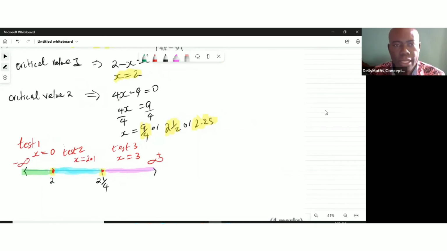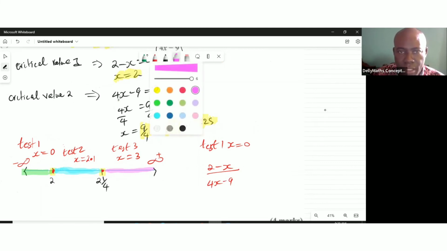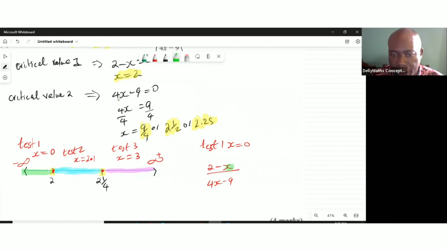All right, let's go. I'm going to do my first test here. Test number 1 is when x is equal to 0. So we're talking about (2 minus x) over (4x minus 9). If x is 0, I substitute 0 here and here. So I have (2 minus 0) over (4 times 0 minus 9).